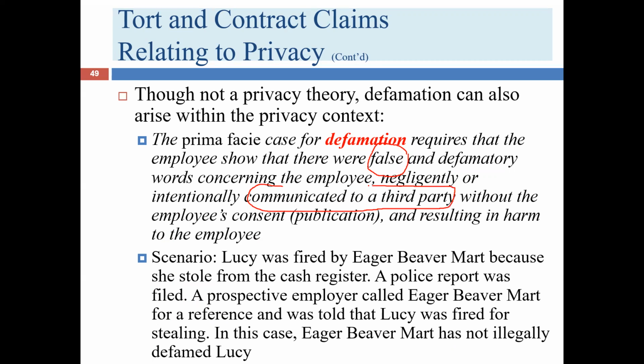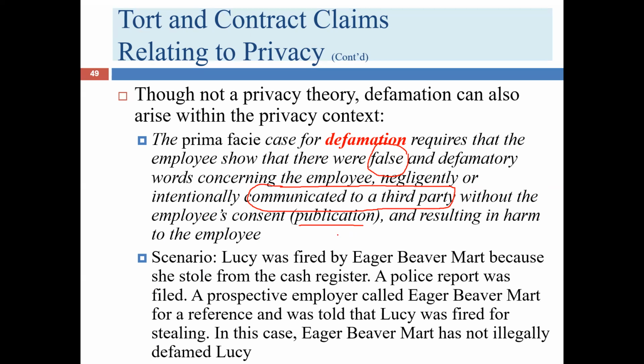So if I say something to you about you, I can't defame you to you because you know whether it's true or false. It's only when I tell a third party that it becomes the possibility of defamation. And we call that publication. But publication is kind of a misleading word because it doesn't have to be published like a book. Again, me saying it to another person counts as publication.